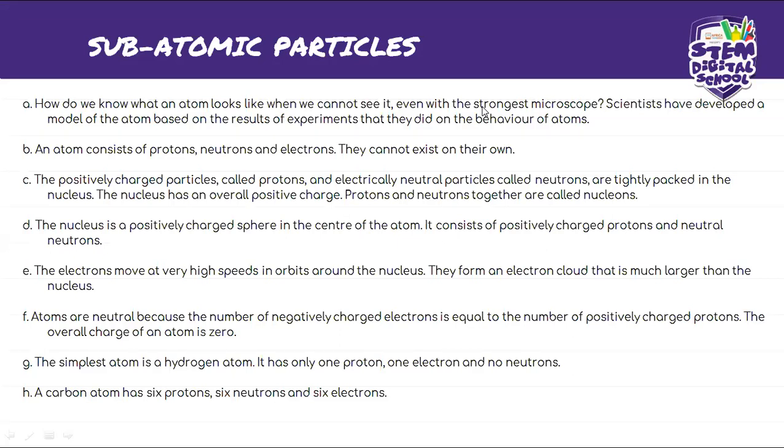All right. What do we mean by that? When they say the overall charge of an atom is zero, what does that mean? Leonard, I'm posing this question for you.